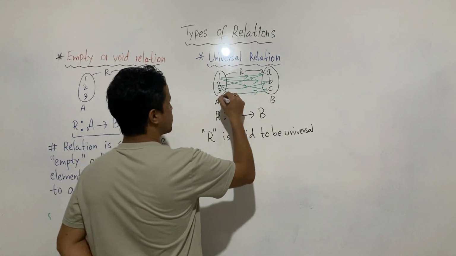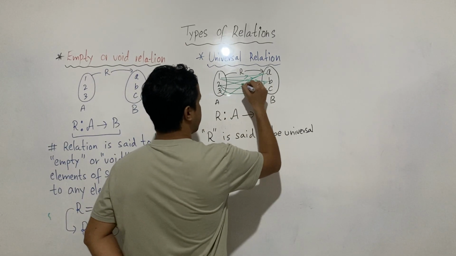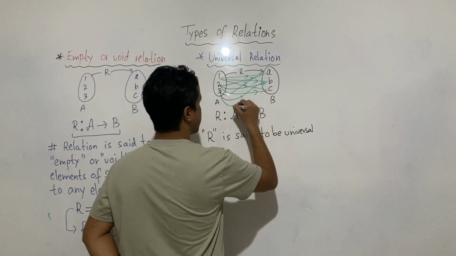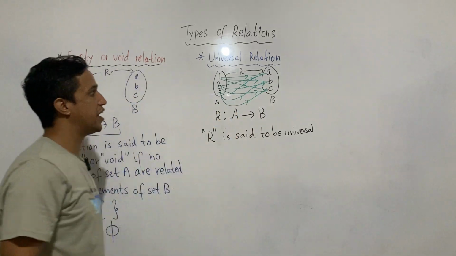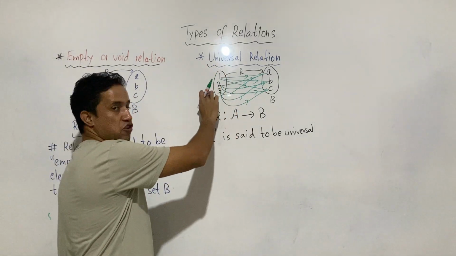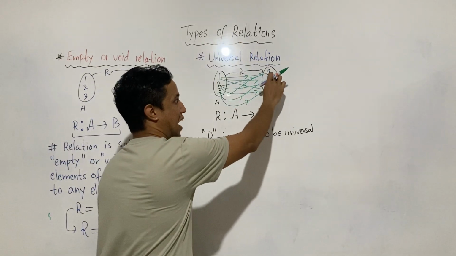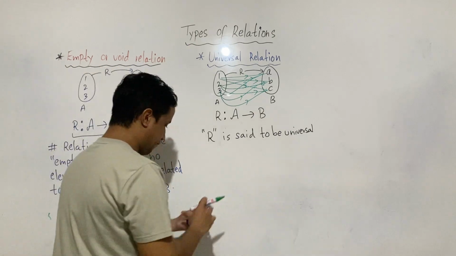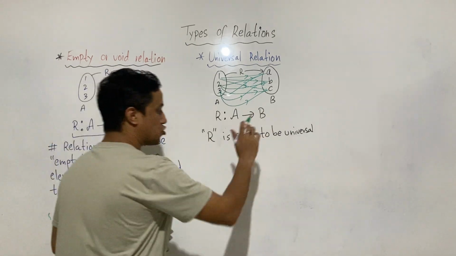Then 3 is related to a, 3 is related to b, 3 is related to c. It means that each element of this set is related to every element of set B. If that's the case, it is said to be universal.